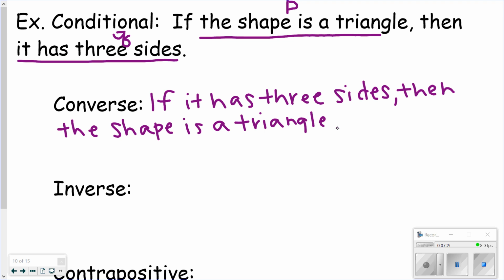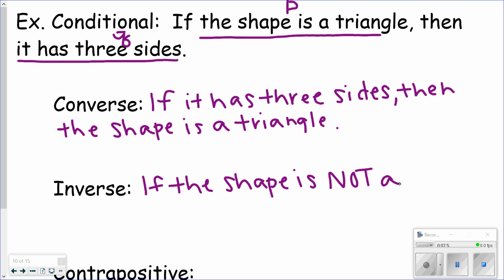All right, now let's move to the inverse. The inverse is taking our conditional, the original, and negating the P and Q statement. So if our conditional is, if the shape is a triangle, if I want to negate that sentence, we'd have to say, if the shape is not a triangle. So that's what I'm going to write here. So if the shape is not a triangle.